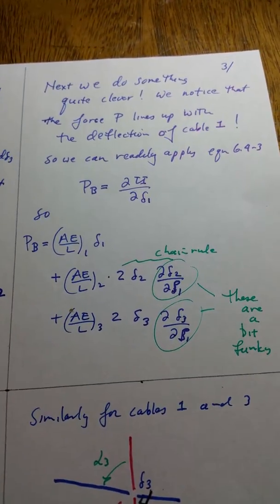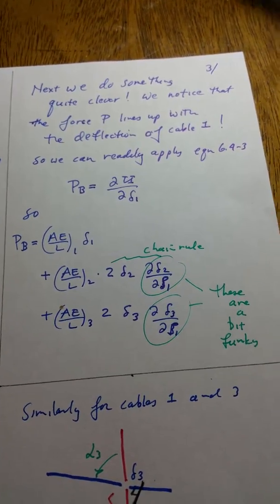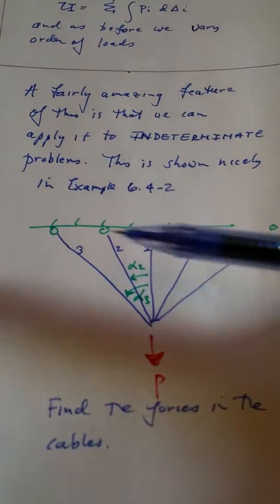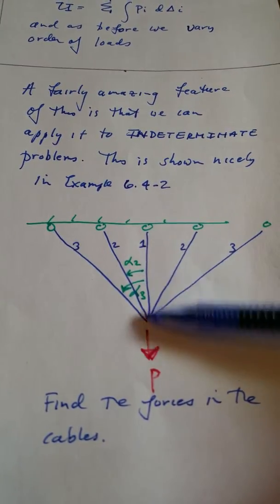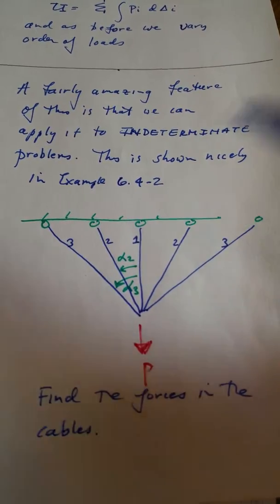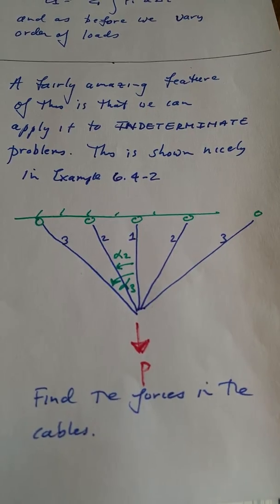So now something kind of fun happens here. In this problem, we notice that it just so happens that cable 1 is perfectly aligned with P. Okay? So that's super convenient, because what can we pull out?